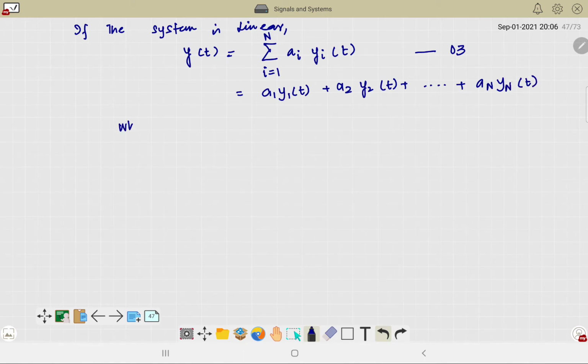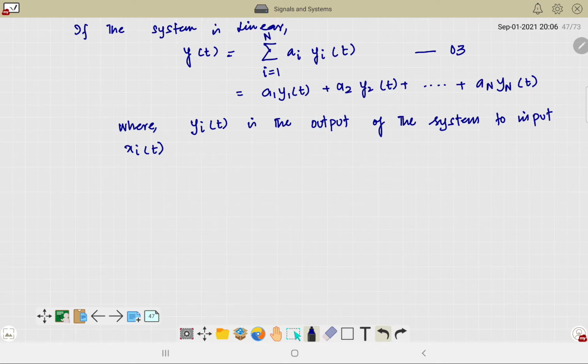Where these yi(t) are the output of this system to input xi(t).